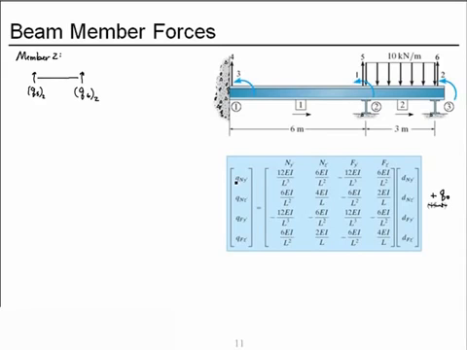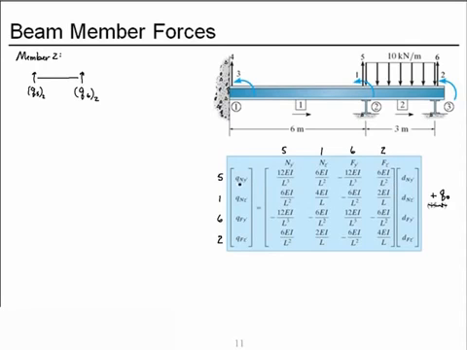My degrees of freedom for member 2 are near node Y is degree of freedom 5, near node Z being rotation is degree of freedom 1, far node Y 6, far node rotation, or moment rather, is 2. It should be moments because these are forces. And our deformations are degrees of freedom 5, 1, 6, 2 as well.